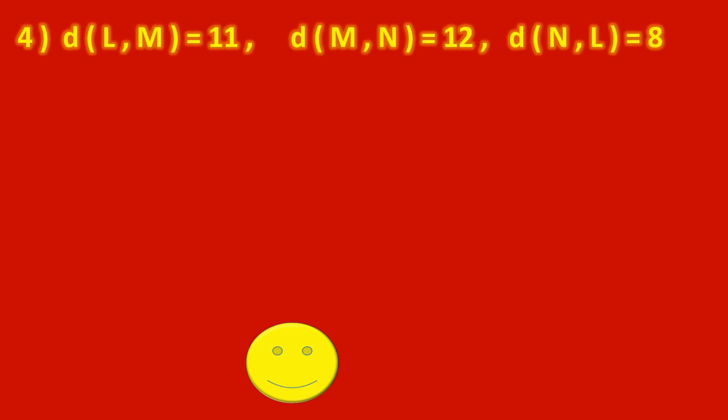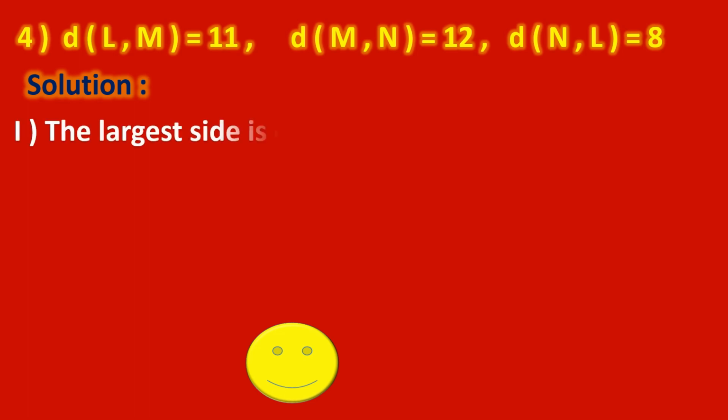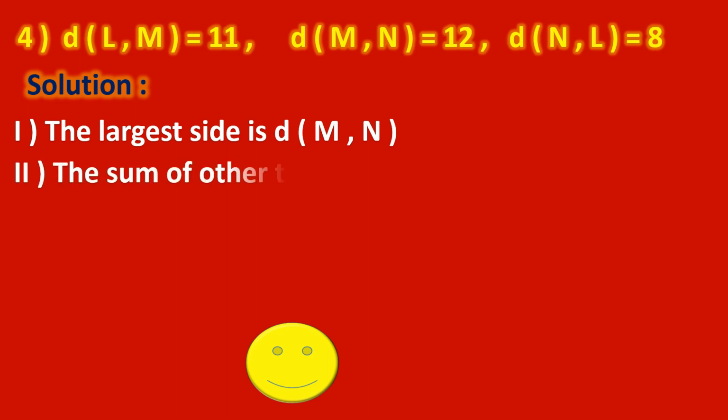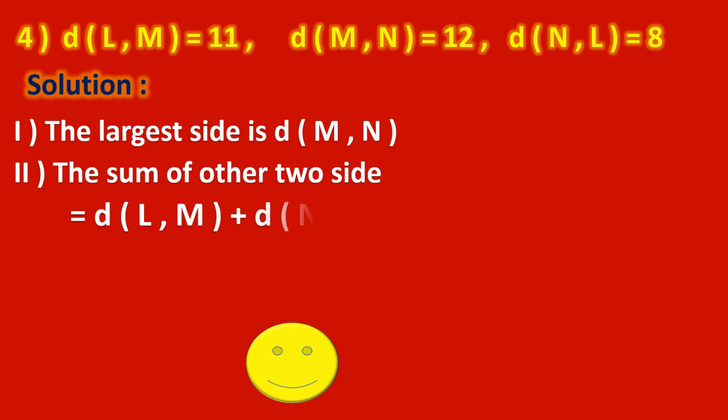Fourth is distance LM equal to 11, distance MN equal to 12, distance NL equal to 8. Here the largest side is MN. So keeping that aside, let's add the other two. So the sum of other two sides is equal to distance LM plus distance NL, which is 11 plus 8.